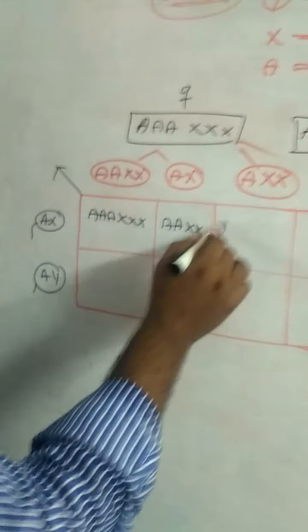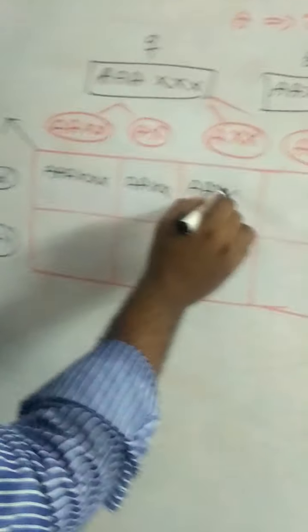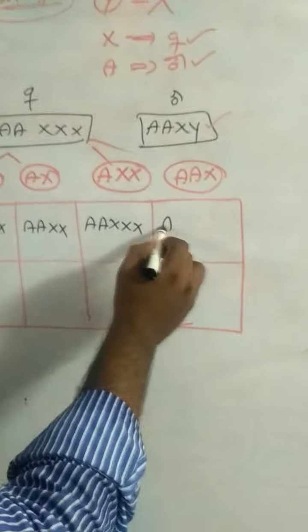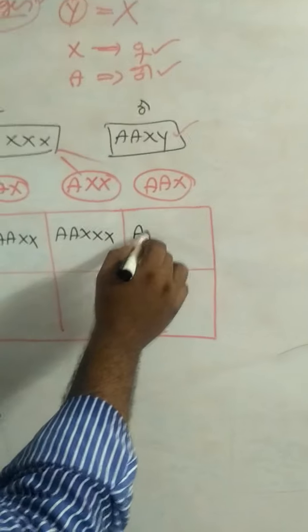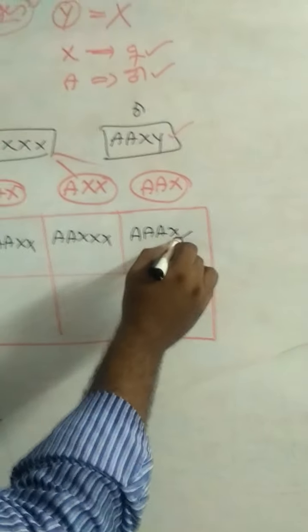Third, 2 autosomes XX, triple X. Fourth, 3 autosomes and XX.